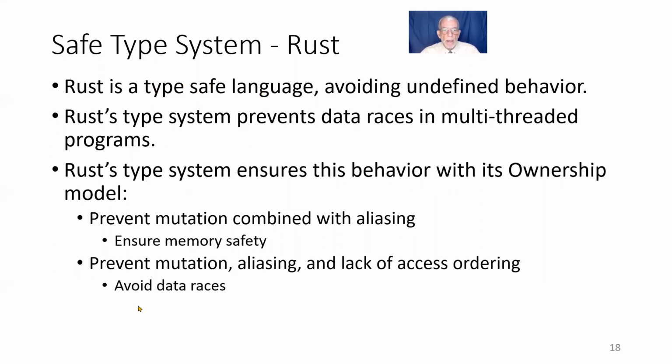Basically the ownership model prevents mutation combined with aliasing. We're going to explain that a little more in just a minute or two. And it prevents mutation, aliasing, and lack of access ordering, that is, making access sequential in multi-threaded programs.